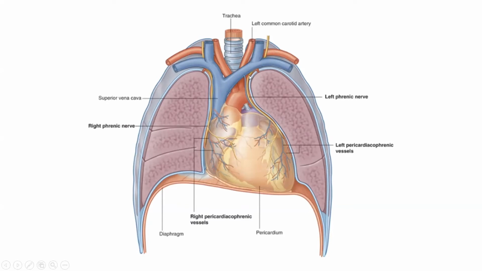Then it's different on the left side, in that it's going on the left side of the arch of the aorta, and it continues again anterior to the vagus nerve, and then it's going toward the left margin of the heart, together with the pericardiacophrenic vessels.